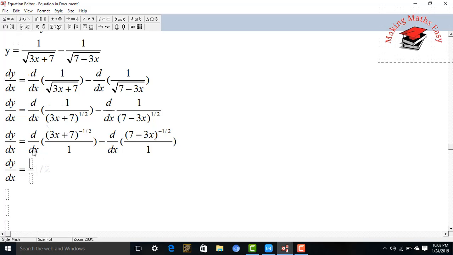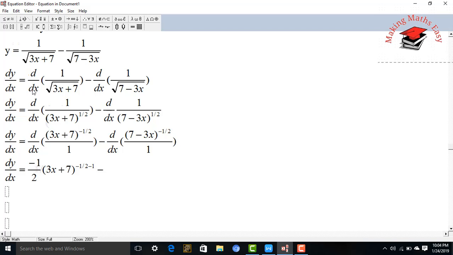So it will be minus 1 divided by 2 into the derivative of this particular function raised to minus 1 by 2 minus 1. So n into x raised to n minus 1 will be equal to minus 1 by 2 minus 1, which is n minus 1.